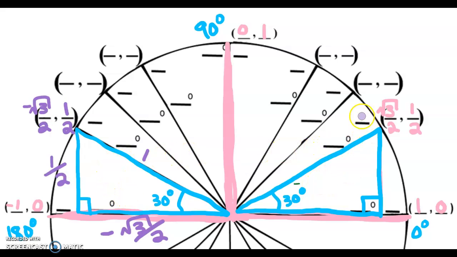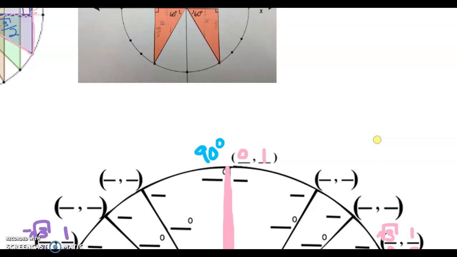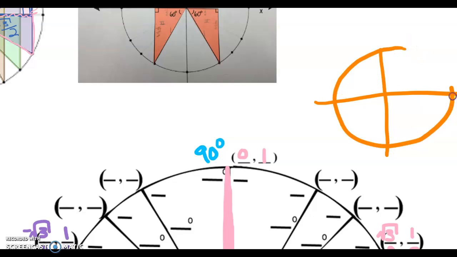And if we want to think about this in terms of counting around the unit circle, and remember when we're thinking about our unit circle along our axes, we're always starting here at 0 degrees, and we're going to be counting around this way, perhaps continuously.